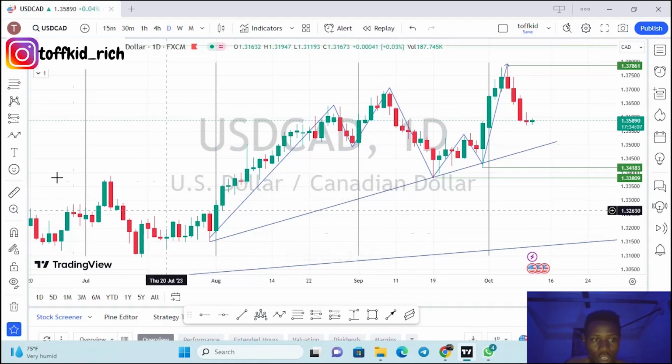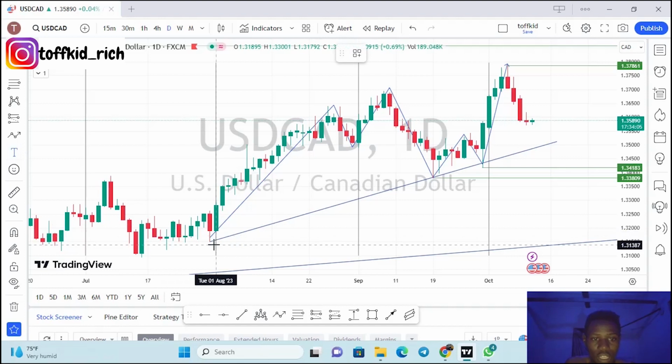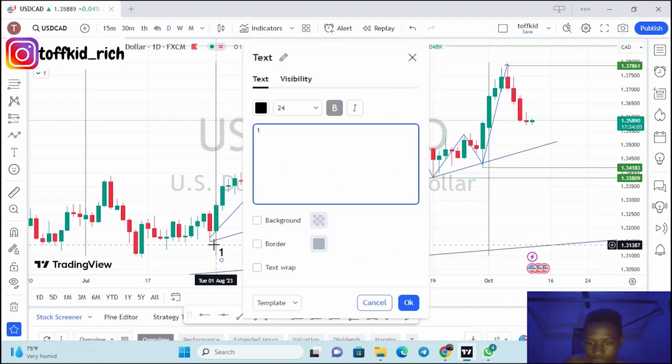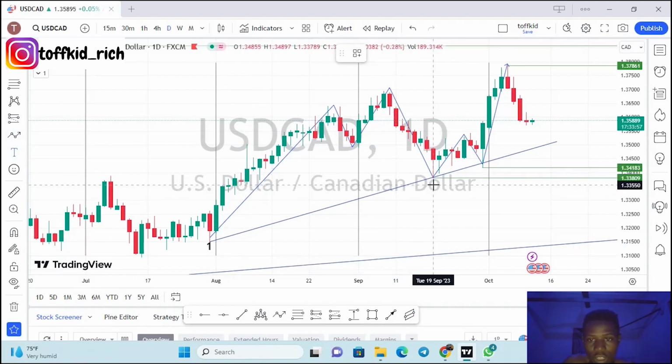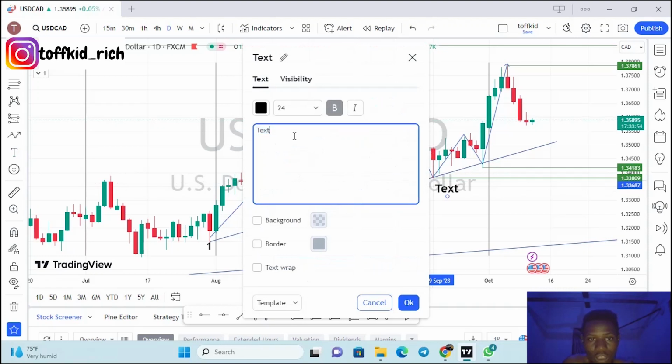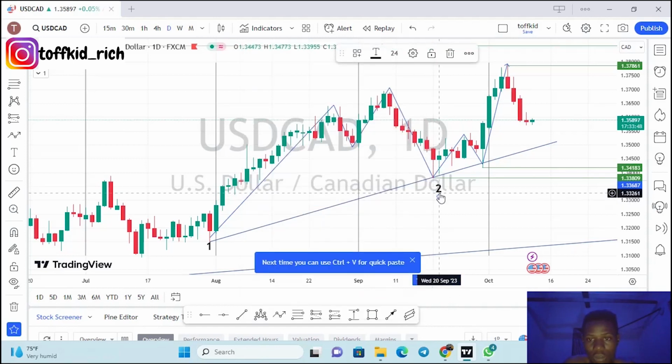So here you can clearly see the first touch of the market, and here is the second touch of the market.